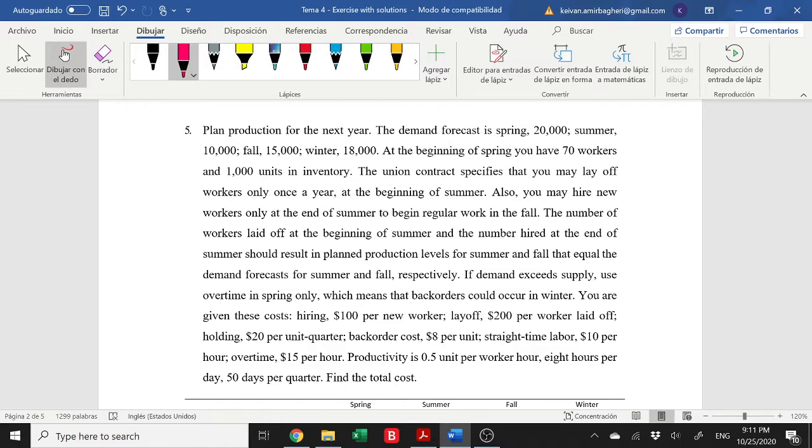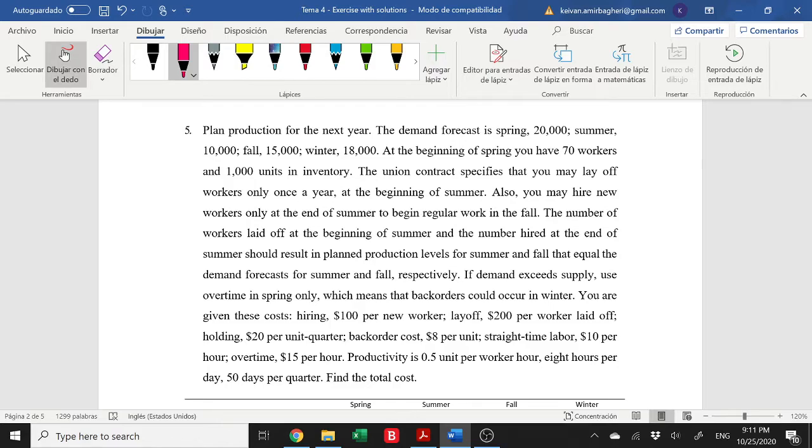Also, you may hire new workers only at the end of summer to begin regular work in the fall. Okay, so as you see, at the end of summer, if we have a lack of workers for the fall, for the autumn, we are allowed to hire some workers, but only at the end of summer.